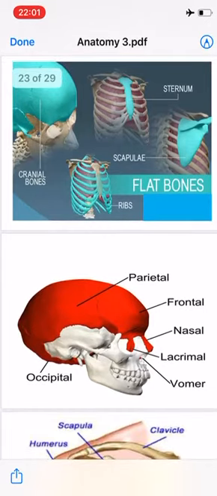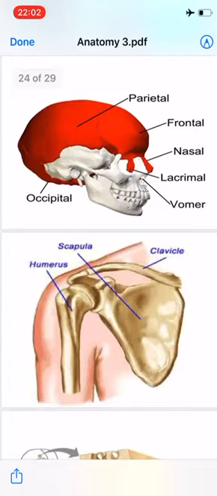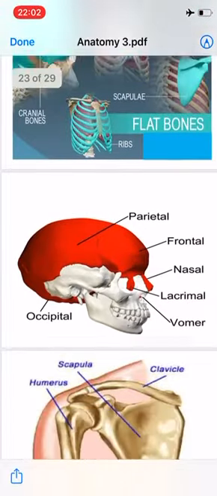And this picture shows the bones that are colored blue forming the flat bones, for example the sternum عظم القص, also the ribs والأضلاع, the scapula and cranial bones. These are included in the flat bones. This picture also shows that the bones colored by red are classified as flat bones.